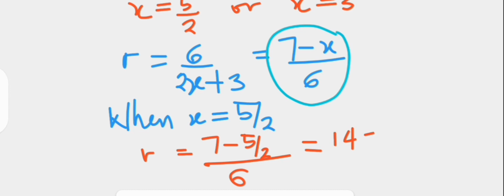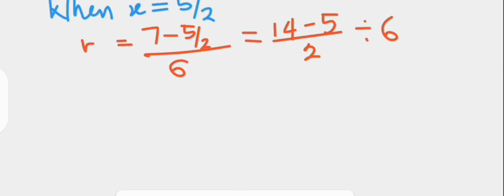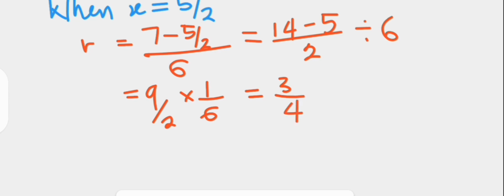So the numerator becomes 14 minus 5 over 2, and we are dividing this by 6 in the denominator. 14 minus 5 is 9, so we have r to be 9 over 2, then divided by 6 can be written as times 1 over 6, where we can use 3 to reduce 9 and 6 as a common factor, so that we have 3 over 4. That's the first value of the common ratio.